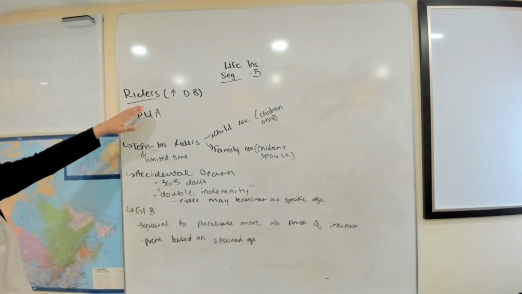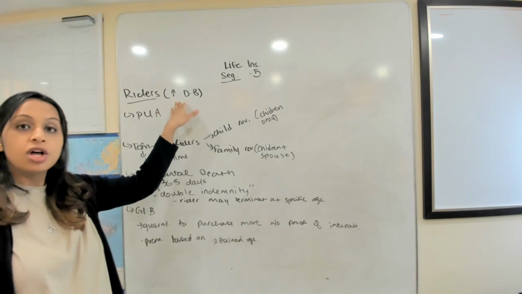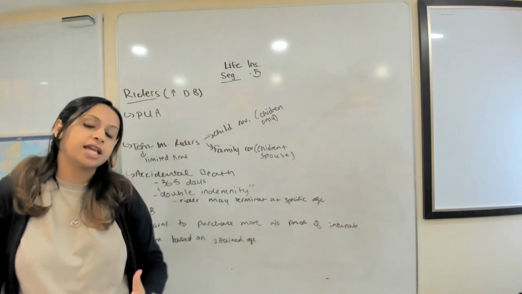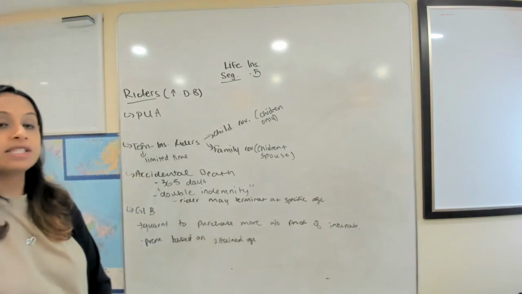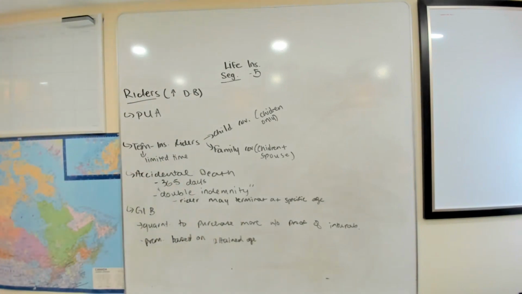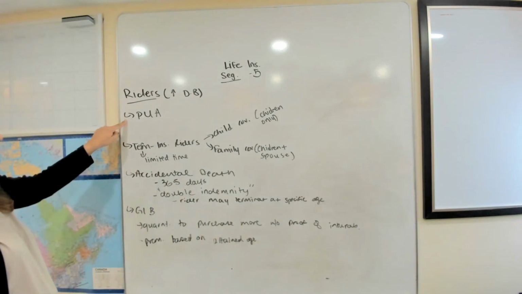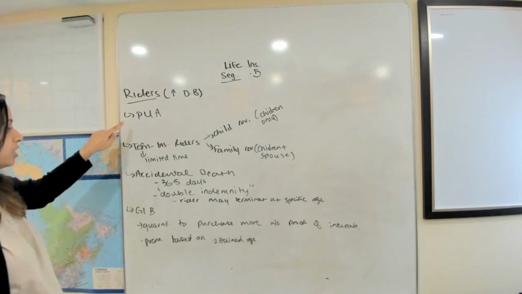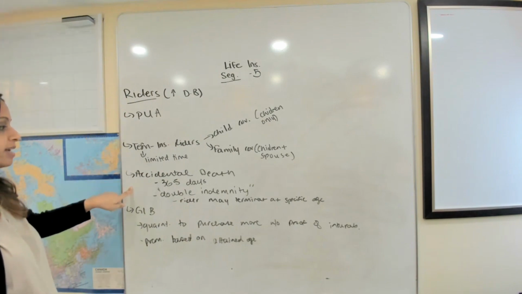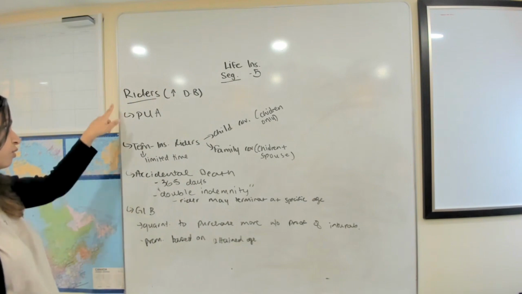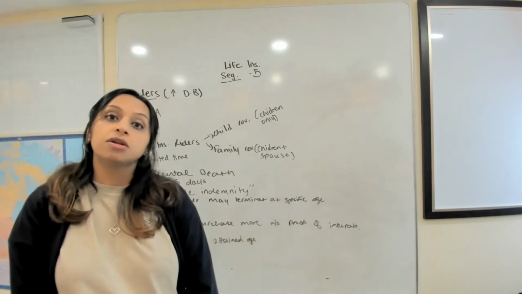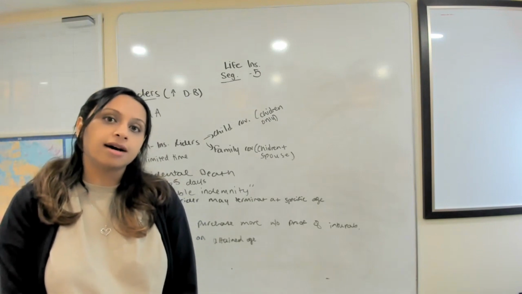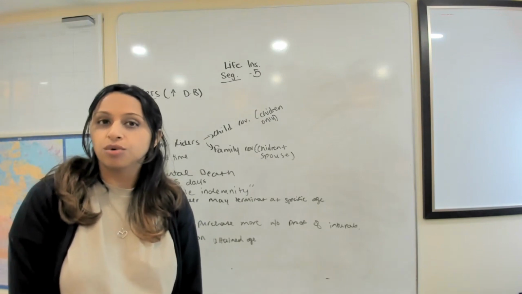Riders, just like I said, increase the death benefit. So the policyholder is not actually getting anything themselves. It is a beneficiary who is going to be receiving from this. I have 4 different riders here: PUA, term insurance riders, accidental death, and GIB. The first one is PUA, paid-up additions, which we talked about when discussing dividend options with whole life.